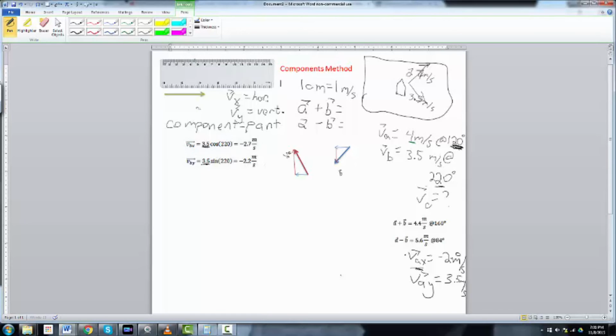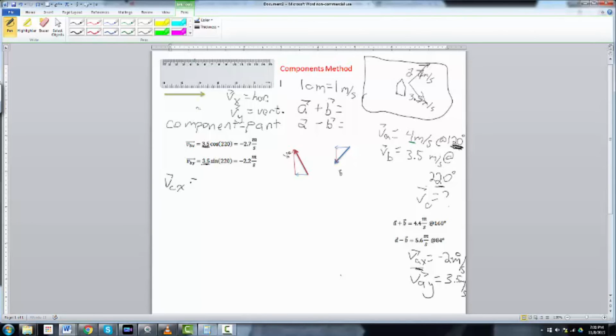So now that I have both my A and B vectors broken up into components, both horizontal and vertical, I'm now going to add them and subtract them together. So let me do A plus B. So to find my C, actually let's find VCX.